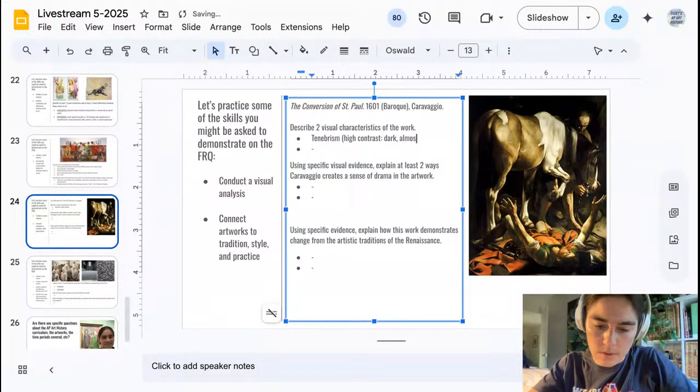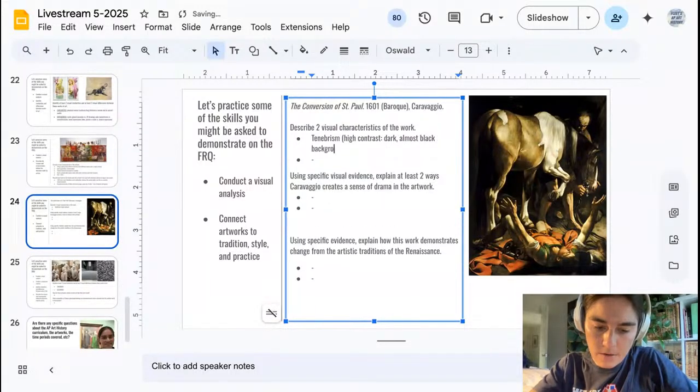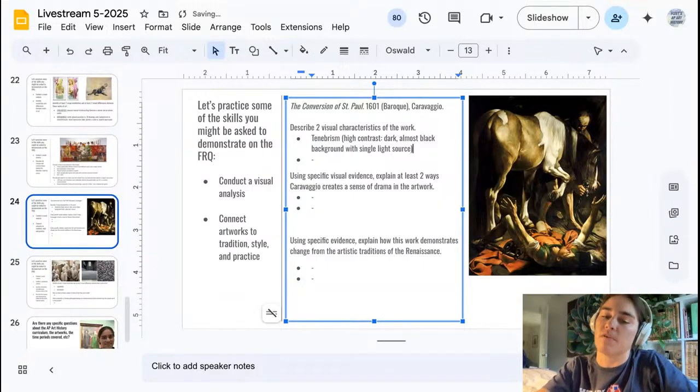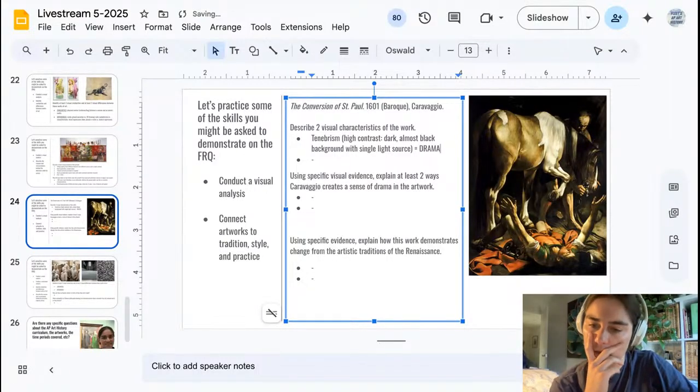Dark, almost black background with a single light source. Yeah, and tenebrism oftentimes is very dramatic, right? So it's creating a sense of drama, right?